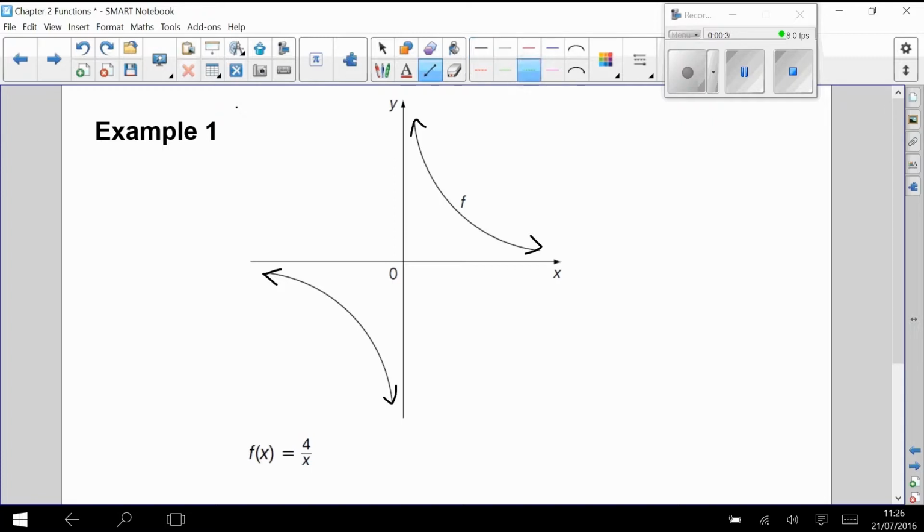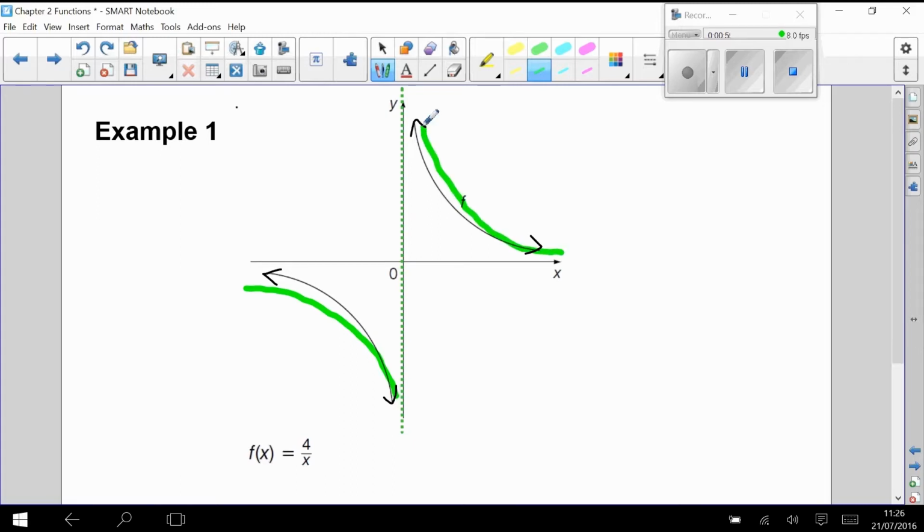Can you see that on this vertical asymptote, as I approach it from the left, and if I highlight that once again for you so that you can see, as I approach that from the left, my graph is going to come from the negative x values towards when x is 0. But as I approach it from the right, my graph is going to go from the positive x values back towards 0.